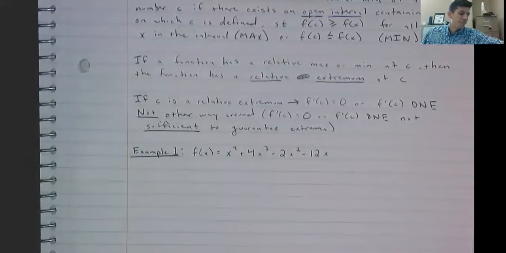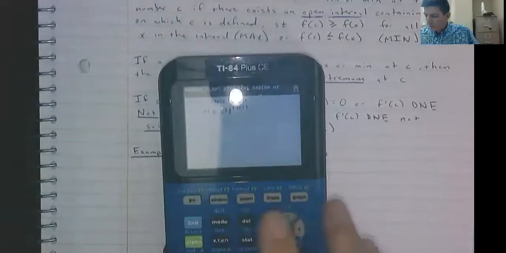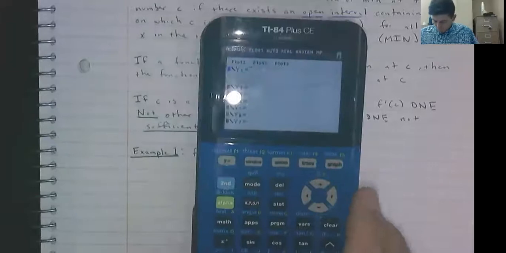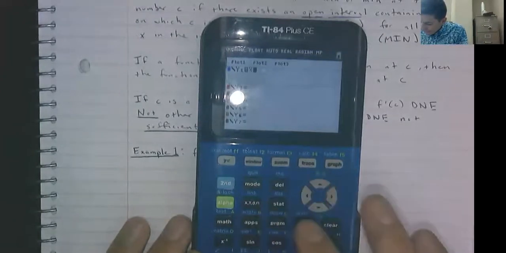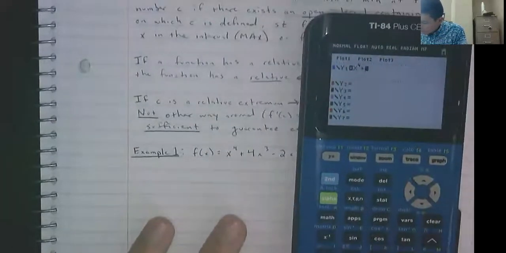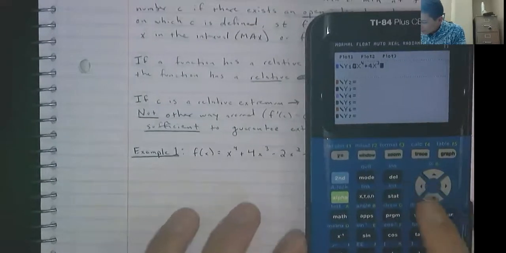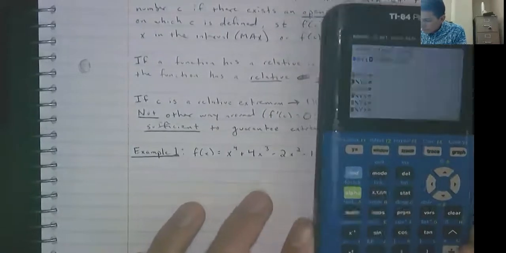Graphing utility. Clear. Y equals. Clear. Clear. X to the 4th plus 4x to the 3rd minus 2x squared minus 12x.